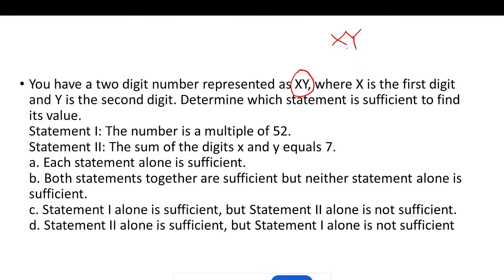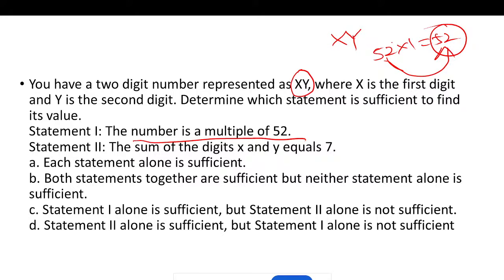The number is a multiple of 52. Suppose 52 into 1, nothing but 52. If it is a multiple of 52, you can get the value: 52. So in this way we are able to find the value.